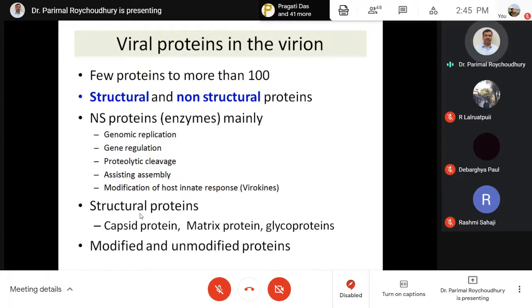A structural protein helps in formation of the virus structure. As we could see, the nucleocapsid structure, those capsid layers, are structural proteins. Whereas in the case of enveloped viruses, they have some proteins like matrix protein.